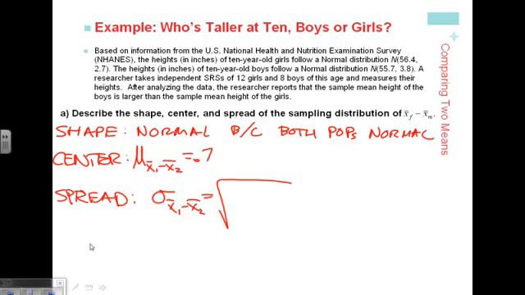Square root of 2.7 squared divided by 12 plus 3.8 squared divided by, our sample size was 8. And that's some number. I'd really like someone to come up with that number for me.